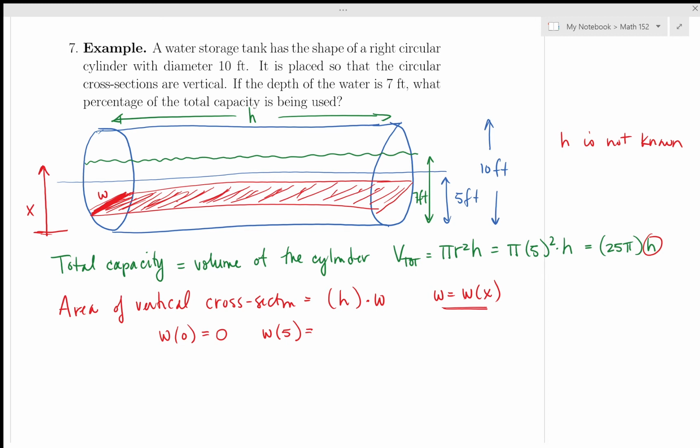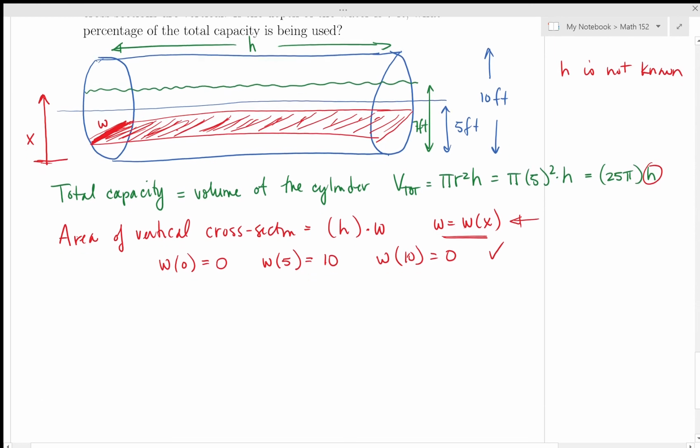So the width of the rectangle when x is 5 is 10, and similarly the width at 10 will be exactly like the width at 0, it'll be 0. So whatever function I develop, if it's correct, it will for sure satisfy this criteria here.